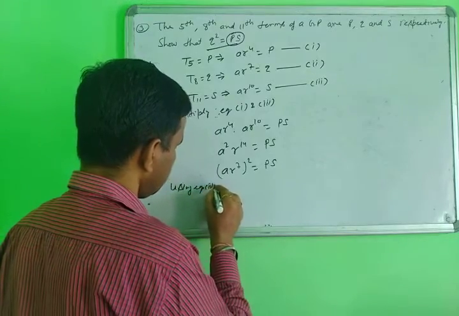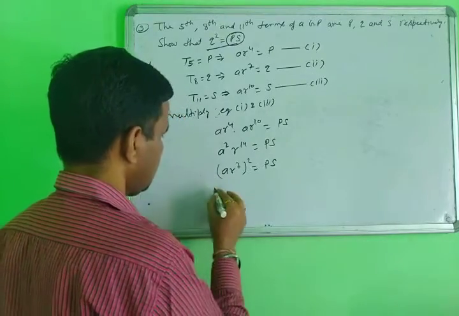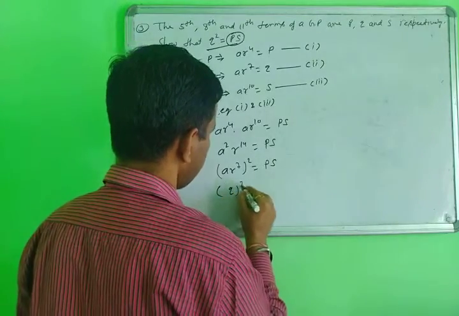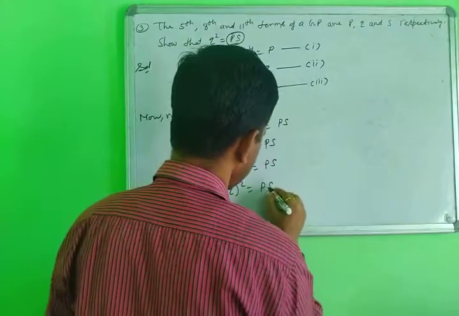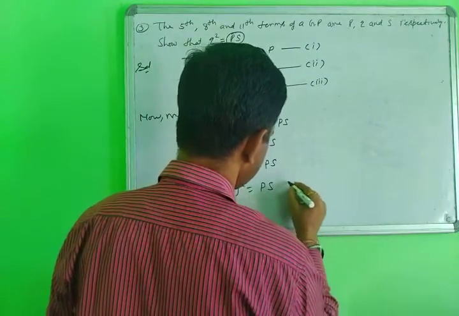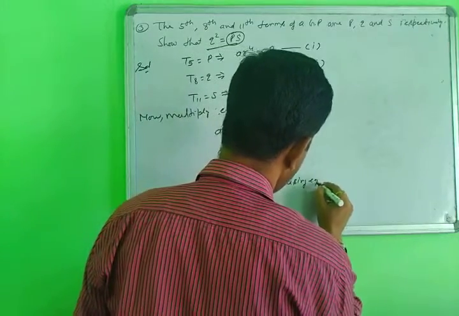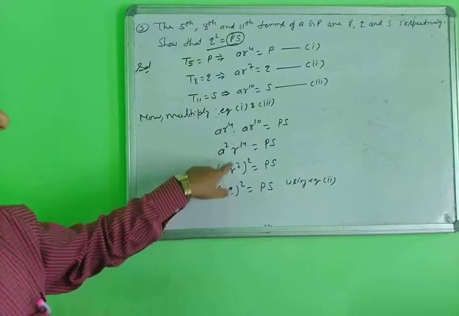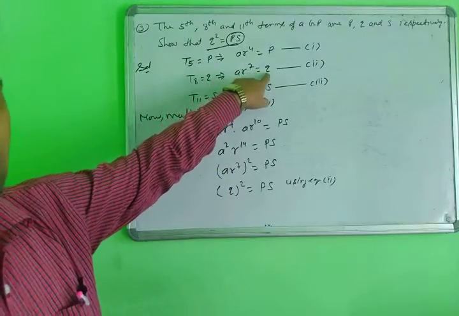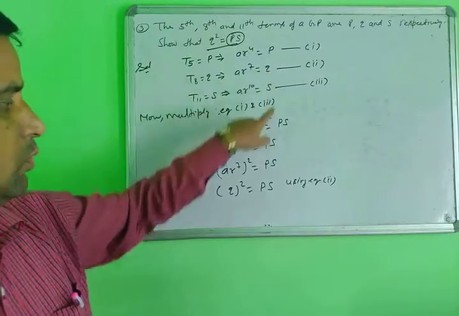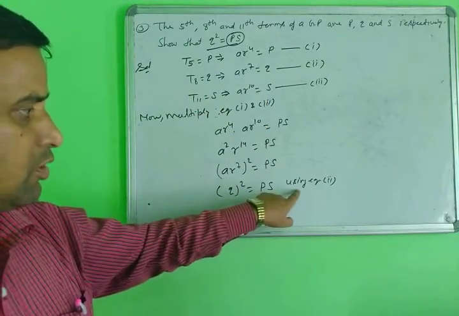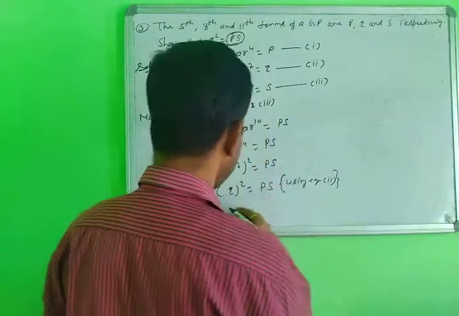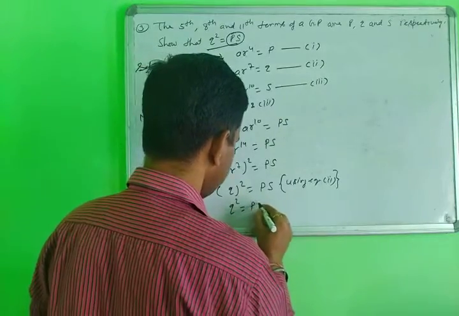Now using equation second, what is the value of AR^7? The value of AR^7 is Q. So AR^7 equals Q, and putting Q in place of AR^7, as I have already mentioned using equation second, you can write Q square equals PS.